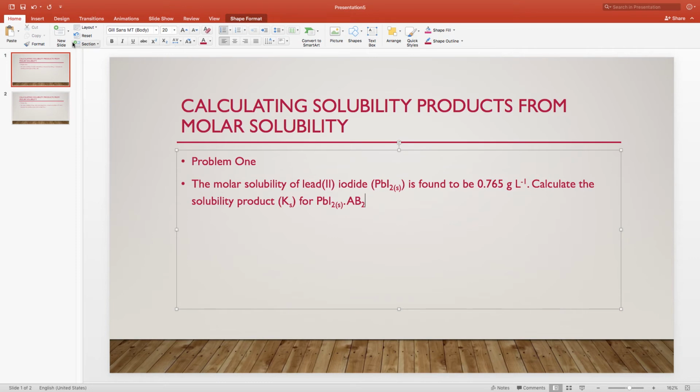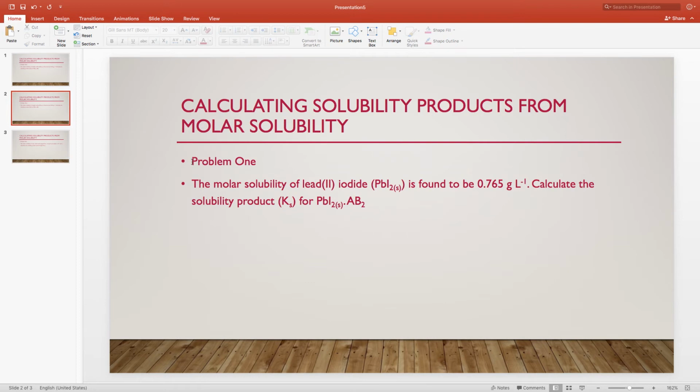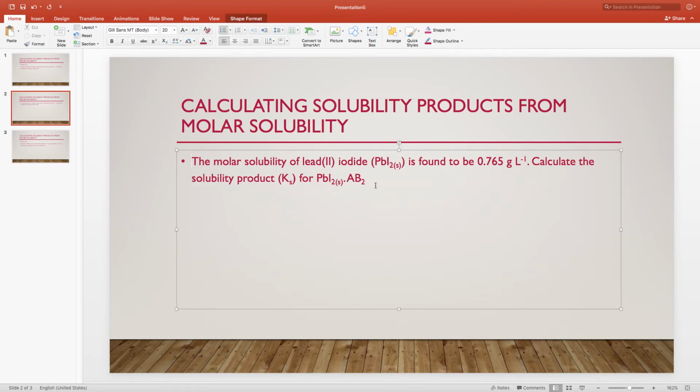So as in the previous case, the first step to do is to write step 1. Step 1 is to write the equilibrium expression.